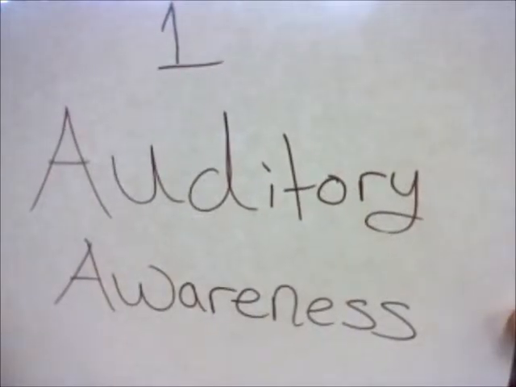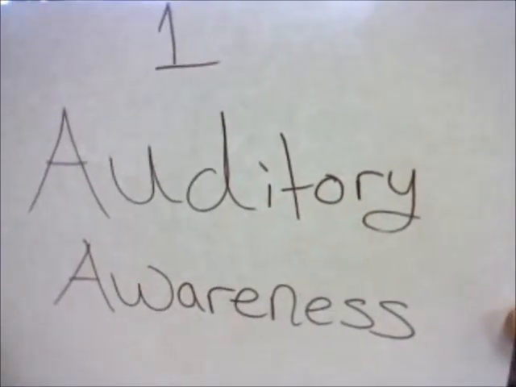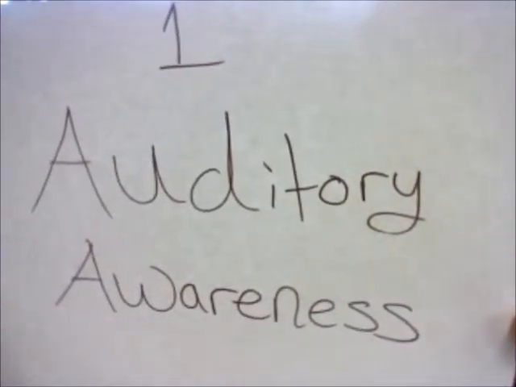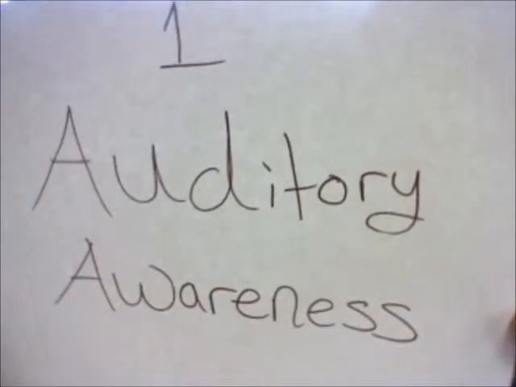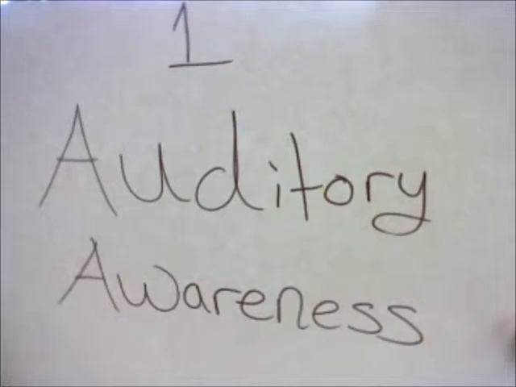The first subtest is the auditory awareness tasks. There are 2 components to the subtest, which include the speech and non-speech tasks. The non-speech tasks require the child to respond immediately following the presentation of a non-speech sound, such as clapping.